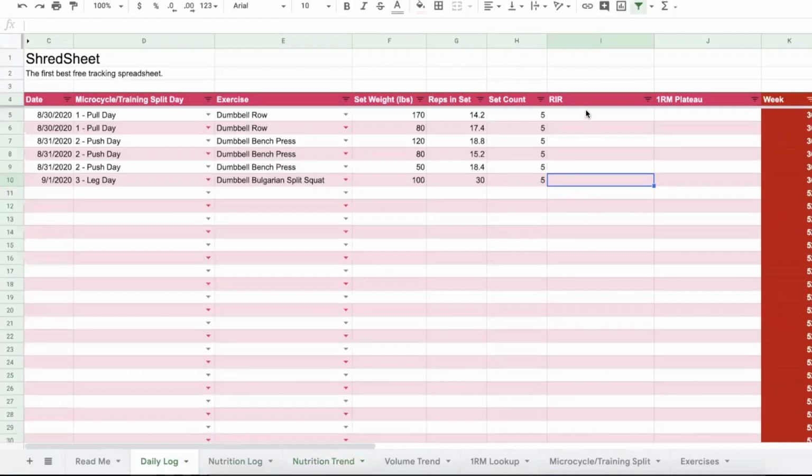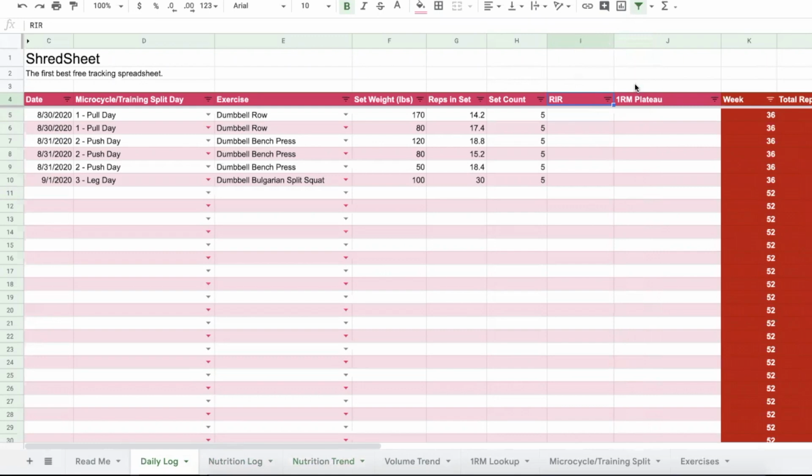One thing to note, I'm working on including reps in reserve as an entry point metric here. And I'll also be working on putting together an actual program component to this. So not in any way me suggesting a program to you, that's something that you get from your trainer.